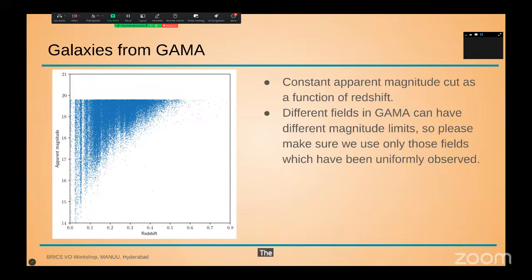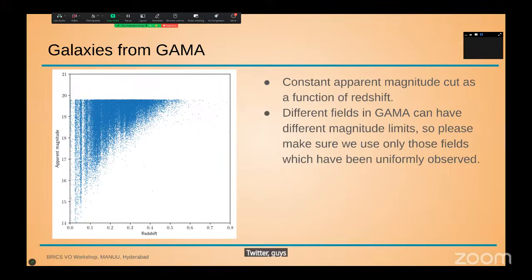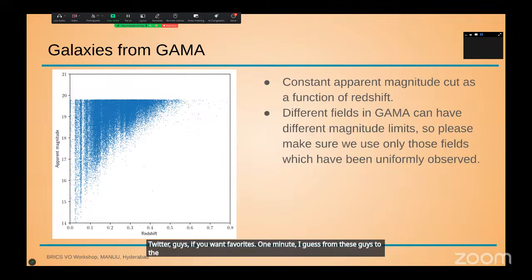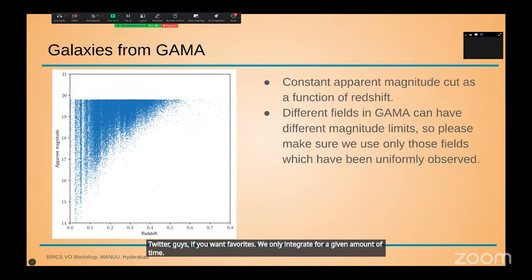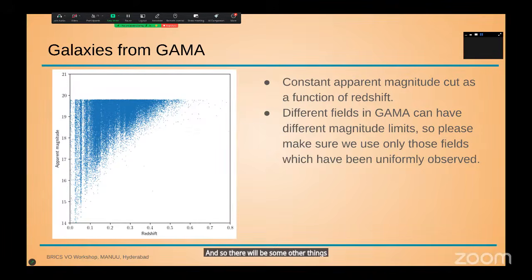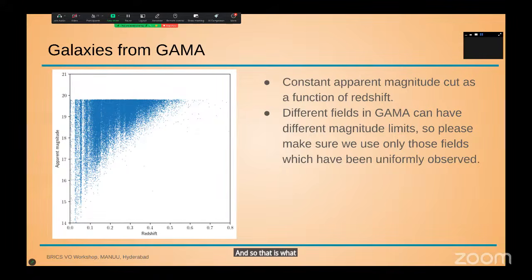The reason is that if you observe a galaxy for a limited amount of time, fainter galaxies you won't be able to see. Only the brightest of these galaxies you can see. We only integrate for a given amount of time, and so there will be some faintest galaxies that you can observe in that amount of time. That is what sets this limit.